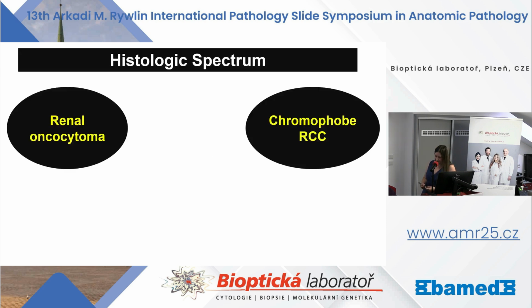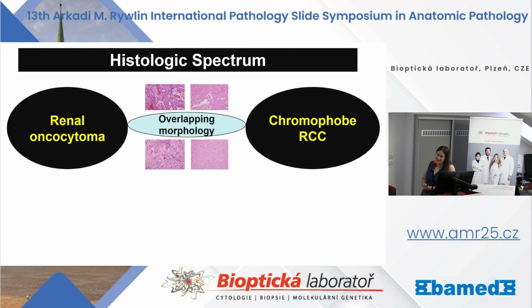Probably you know that the spectrum of eosinophilic tumors, pink tumors of the kidney, is very wide. On one end of the spectrum there is renal oncocytoma, and on the other end there is chromophobe cell carcinoma. And between there are a lot of tumors with overlapping morphology, mixed morphology, or morphology which doesn't fit in any of these established entities.